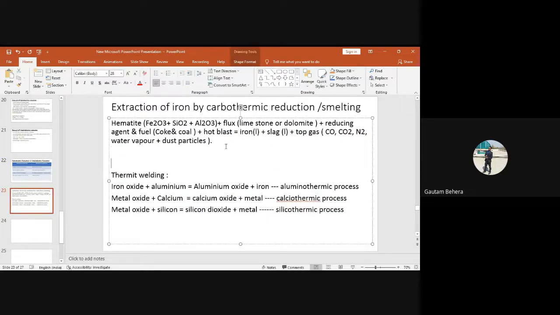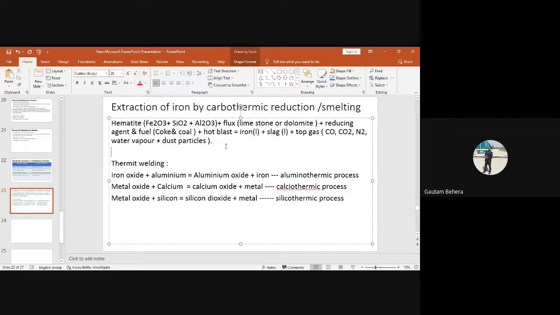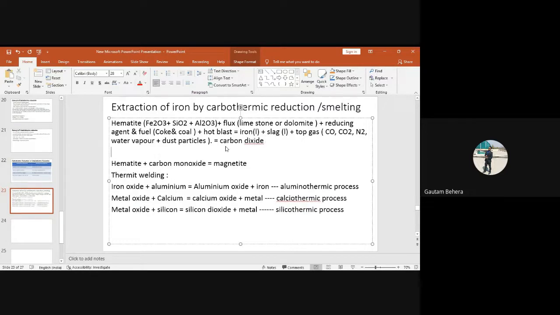Here I can also write reactions. Hematite plus carbon monoxide will give you magnetite plus carbon dioxide.